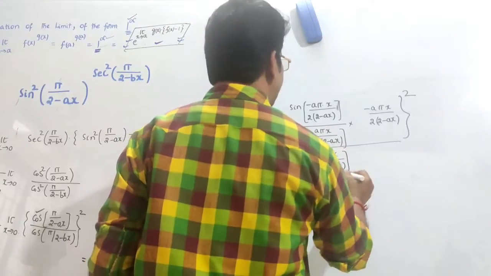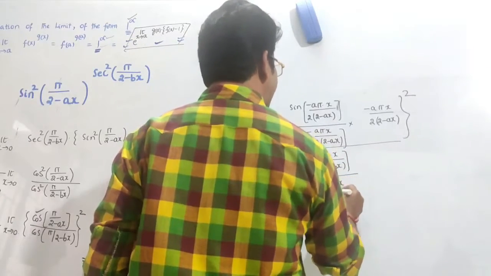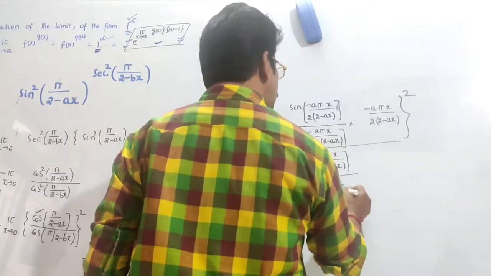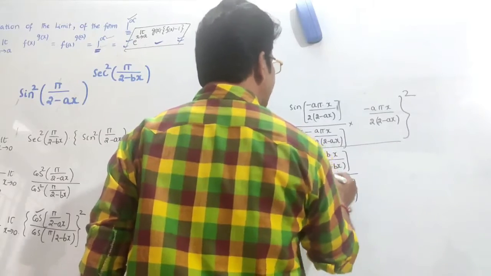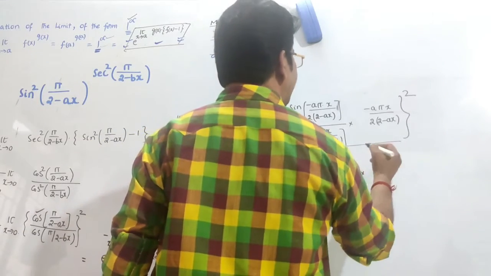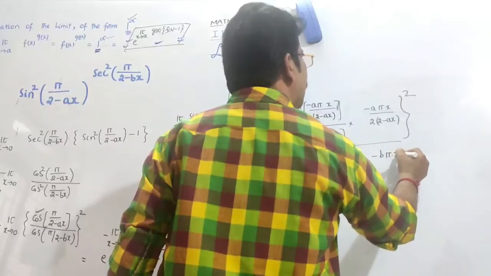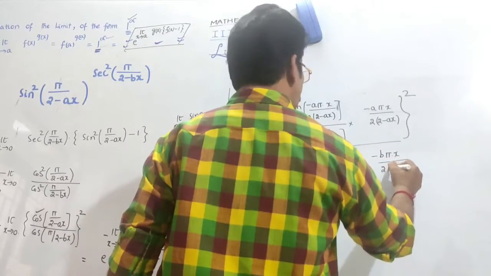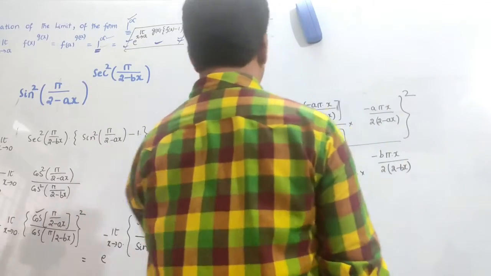This is theta. Therefore, minus b pi x divided by 2 into 2 minus bx, into theta, just like that.